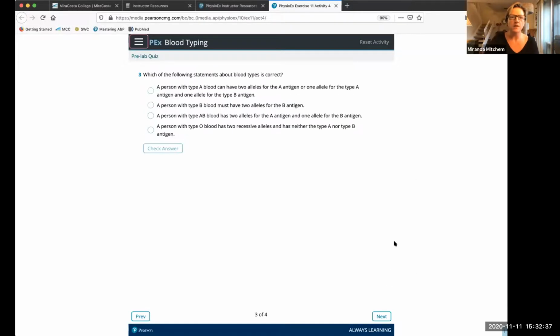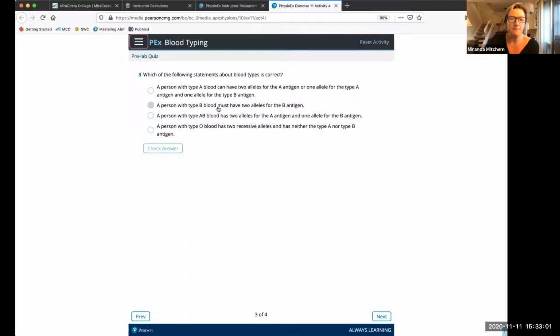Okay. Which of the following statements about blood types is correct? A person with type A blood can have 2 alleles for the A antigen. So that would be IA, or 1 allele for the type A and 1 for type B. Well, no, because then they would be type AB. So that's wrong.